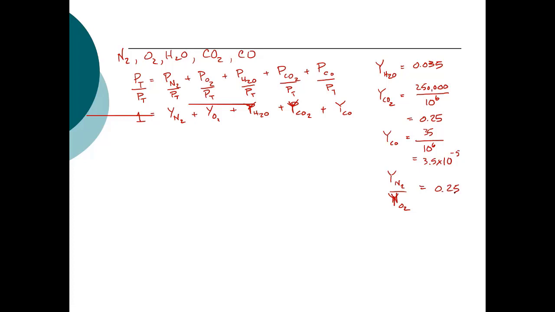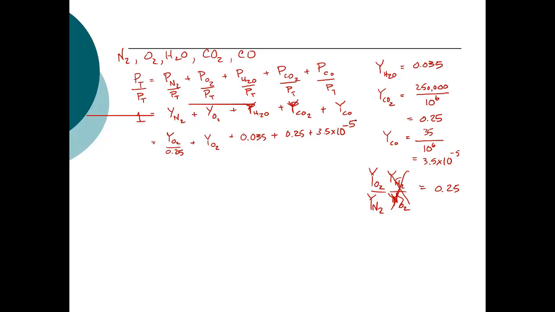So we can now substitute back in here, and I just wrote this backwards, sorry. This is YO2 over YN2. So I can substitute in here that the mole fraction of nitrogen is equal to YO2 over 0.25, plus YO2, plus 0.035, plus 0.25, plus 3.5 times 10 to the minus 5, which is negligible.